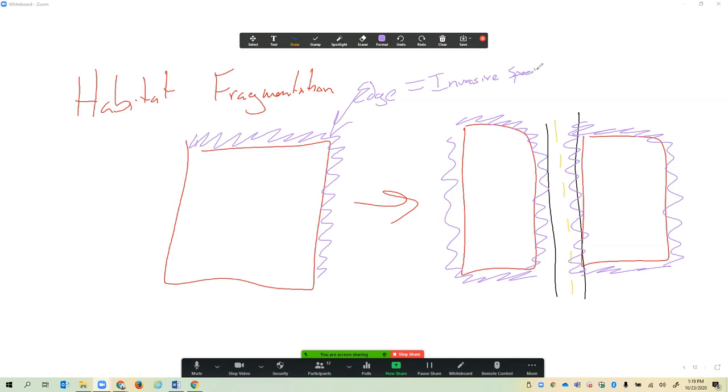And why does the edge allow invasive species to come in? It's because it's kind of protected by forest, assuming this was forest here, and this is going to be forest here as well. You're protected in that you have the big trees kind of shielding you, but you're getting a lot of sunlight now. And by increasing the amount of sunlight you get, you can experience more and more rapid growth.